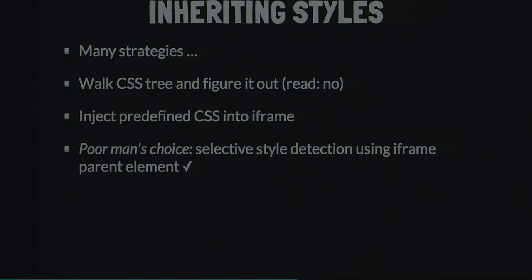We inspect the iframe element, and we figure out things like font family, font color, and link color, things that are pretty easy to figure out that would apply to that iframe element, and put them inside of the iframe. That actually works really well, because usually if you just have font color, font style, etc., it'll go a long way to making that iframe feel seamless.